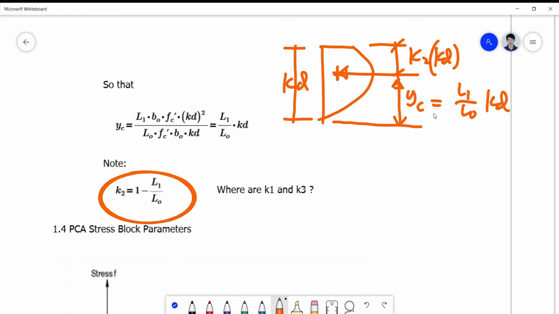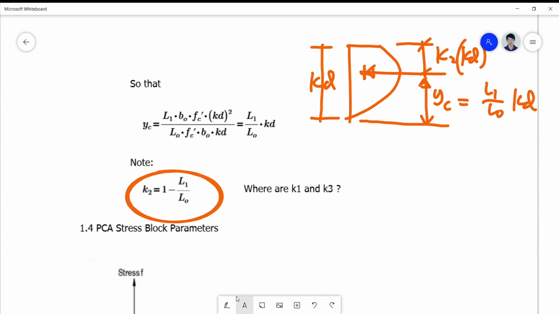Okay, so these are the parameters. Our target is to have k1, k2, and k3. But where are k1 and k3? Where are our k1 and k3? What is written here are L1 and Lo. So k1 and k3 cannot be separated, class, because of the data gathered from the test results.